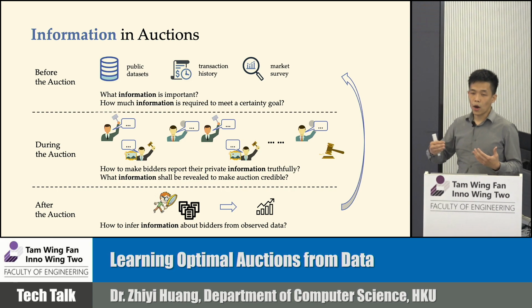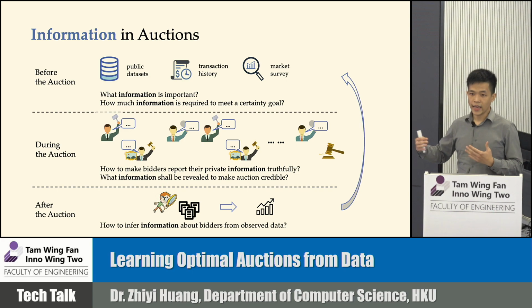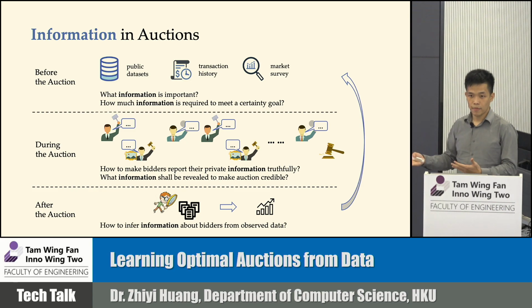But now, since we are also trying to learn the next auction based on user data, some of these users may realize that how I behave and what I report today also affects the auction format that I am going to experience tomorrow. So even if I cannot win today, I may have an incentive to twist my data so that I can get a more favorable auction format tomorrow.